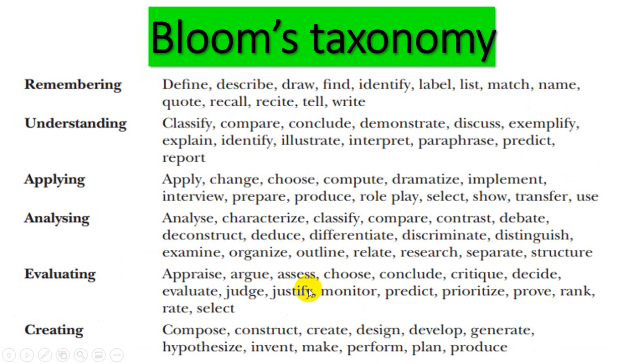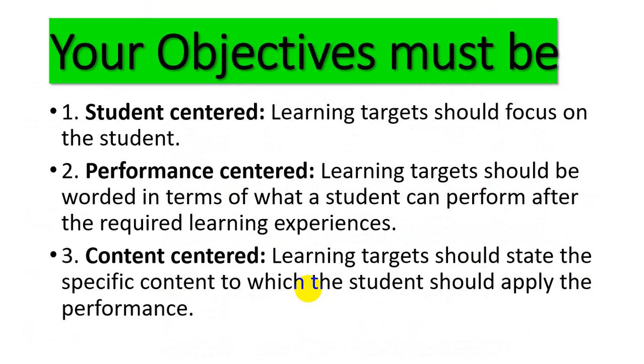Or you can use this taxonomy with which we are very familiar, because we have remembering, understanding, applying, analyzing, evaluating, and grading. So your objectives must have 3 main items.